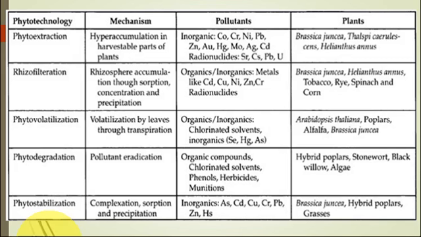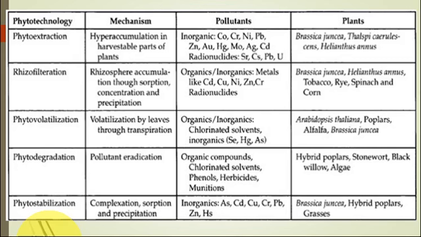In the phytovolatilization method, Arabidopsis thaliana, poplar trees, and alfalfa are the plants that generally perform phytovolatilization, and selenium, mercury, and arsenic, which are chlorinated solvents, are transformed into the gaseous form.